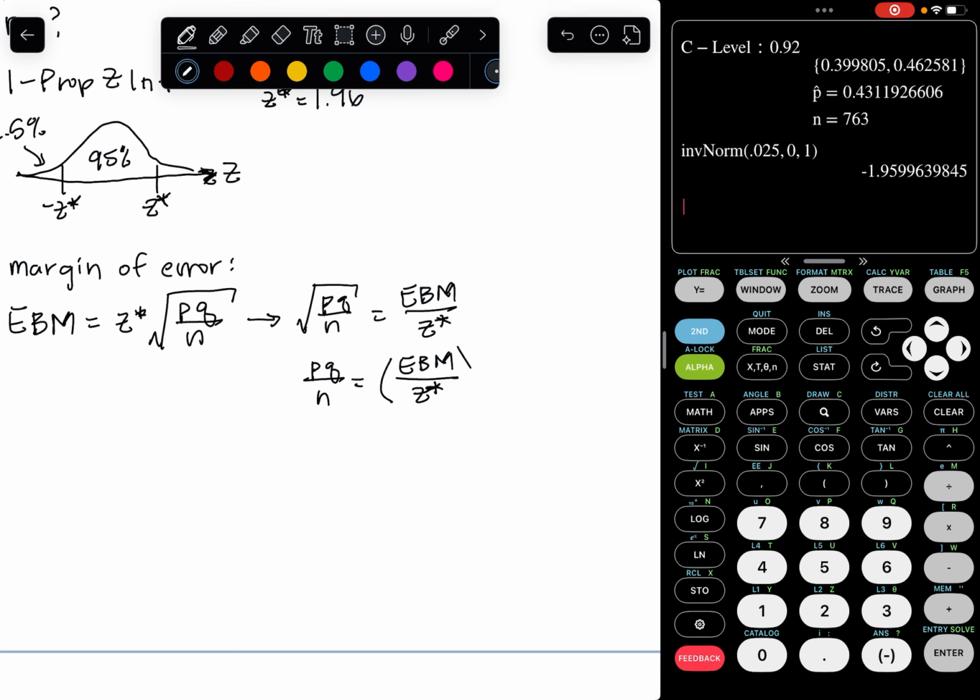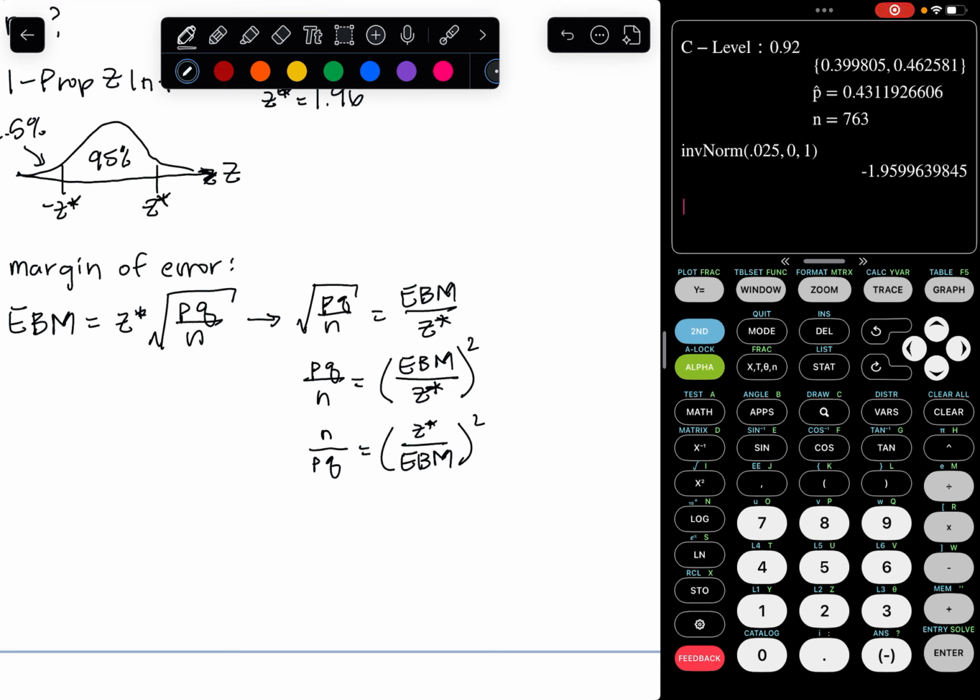I know when I have fractions like this, I can flip both sides. So as long as I flip this fraction over here, n over PQ, and I flip this fraction over here, I should be fine. So z star over EBM.